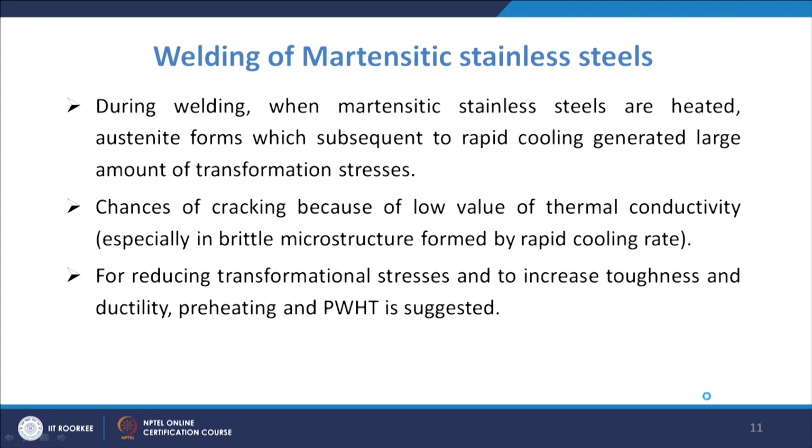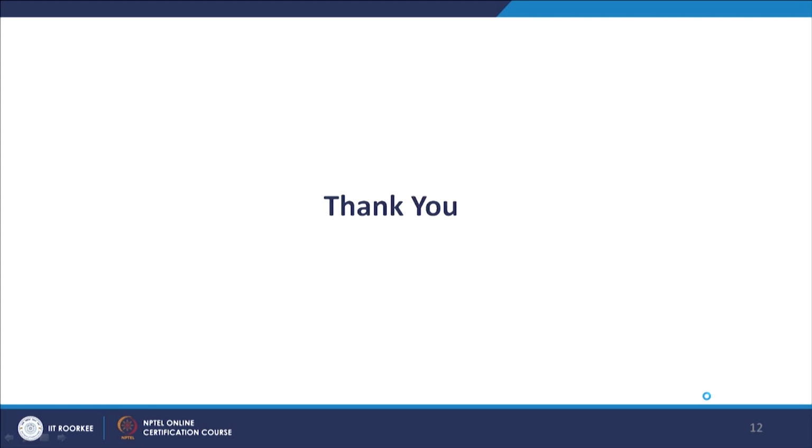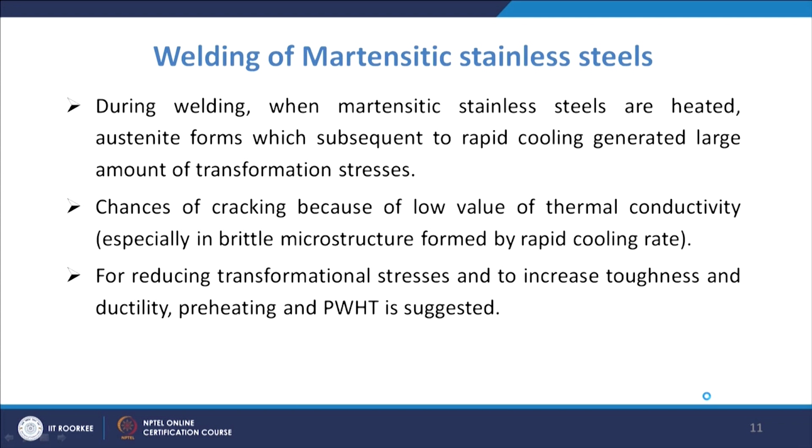So, for reducing these transformational stresses and to increase the toughness and ductility, we preheat and also go for post heating of these materials. Most commonly you preheat at about 150 to 260 degrees centigrade.